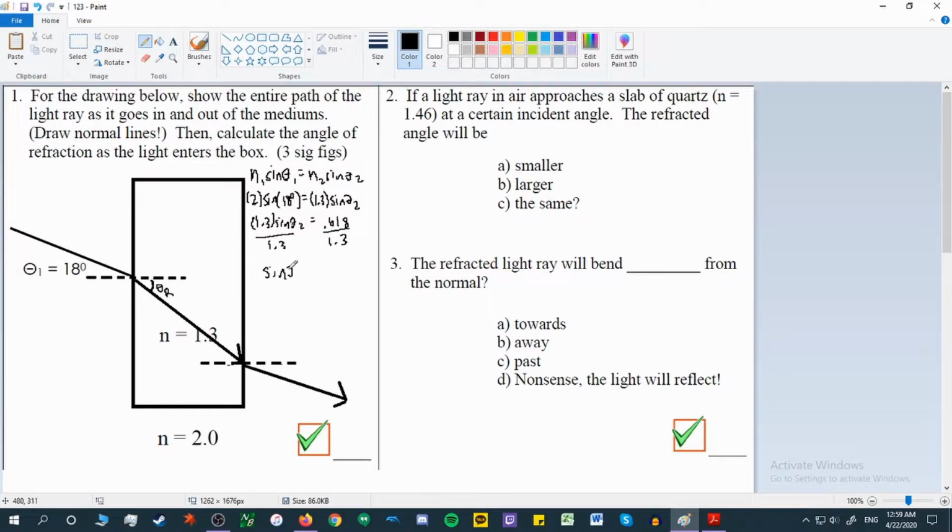You end up getting sine of theta 2 is equal to 0.475. I'm going to take the inverse sine of both sides. Inverse sine of 0.475, and you end up with the refracted angle being 28.4 degrees.